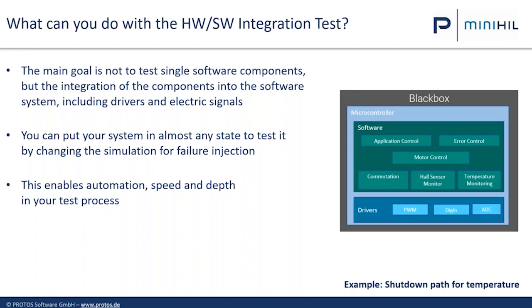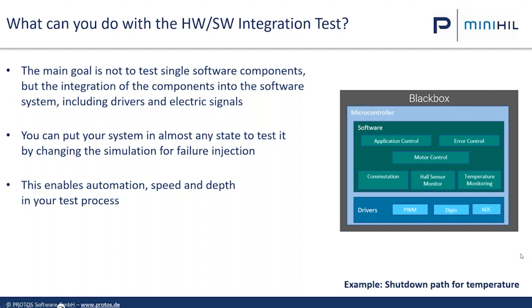An example, that's basically the same example I gave you before about this temperature shutdown. Now you look at the microcontroller as a black box again, and we only want to stimulate at the pins of the microcontroller on signal level.